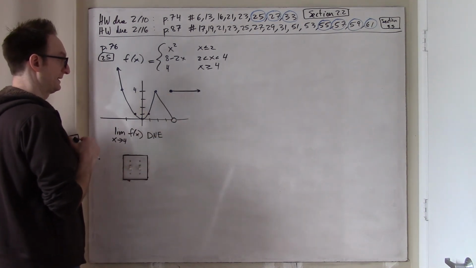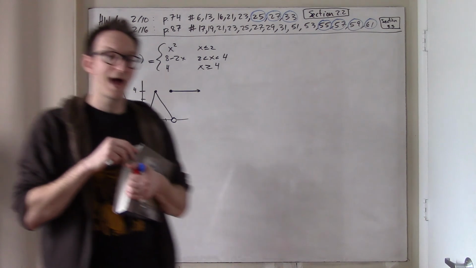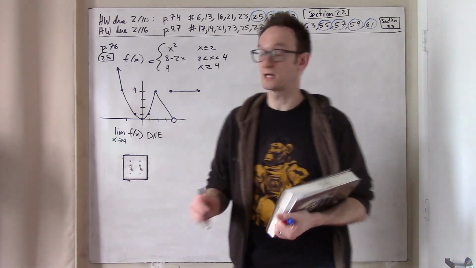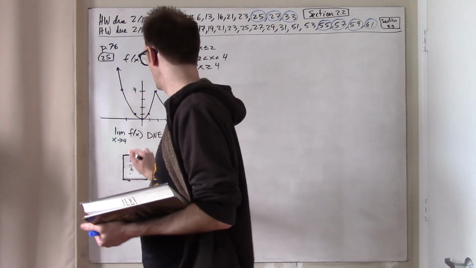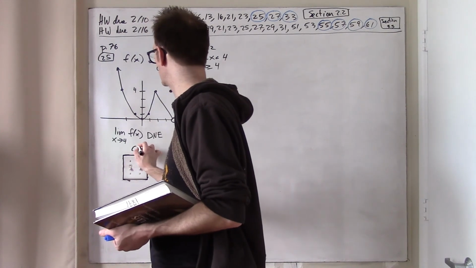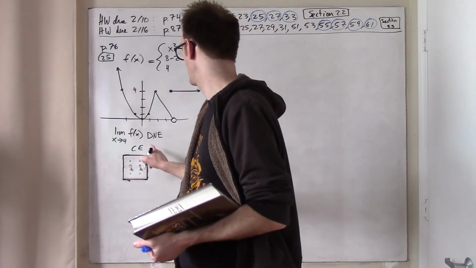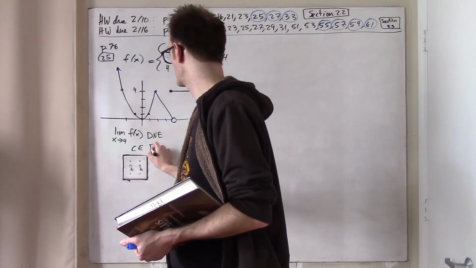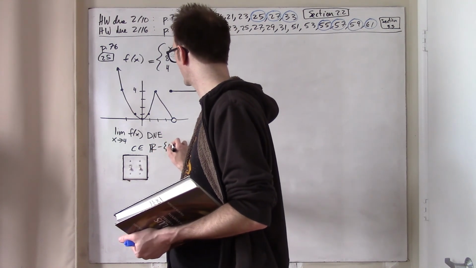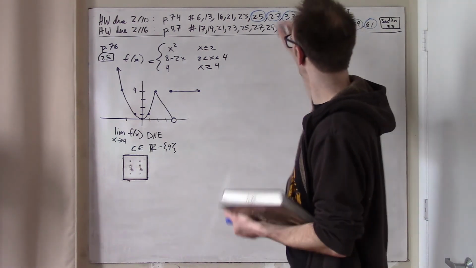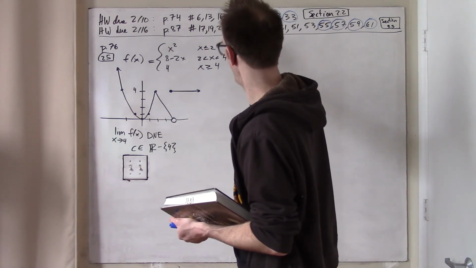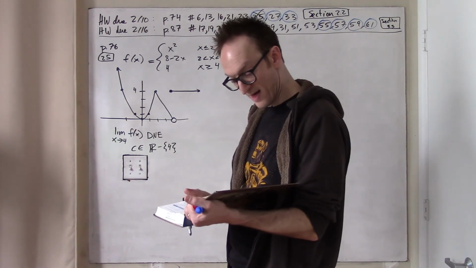But at any other x value, the limit does exist. So the set of values for which the limit exists is, I guess, everything except 4. That's pretty much how I would write my answer. Okay, good. One down, a couple to go.